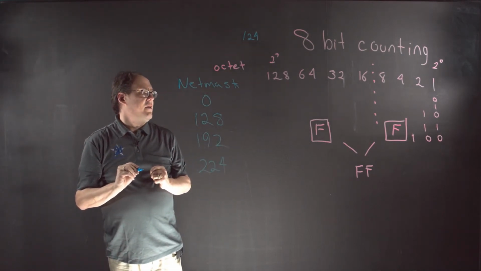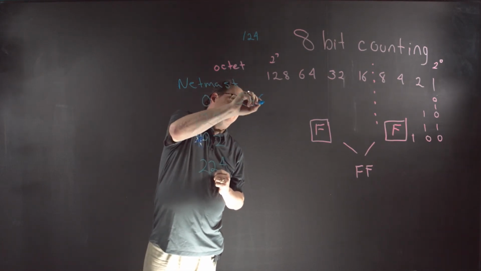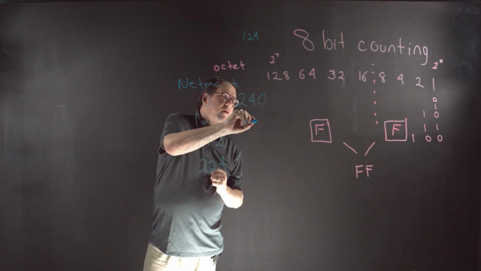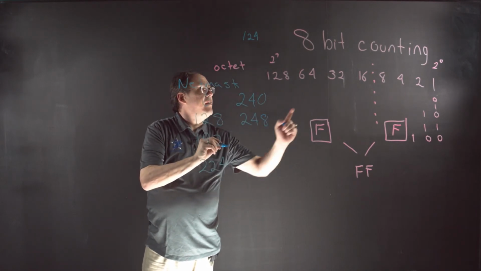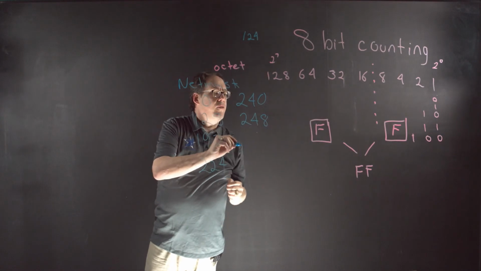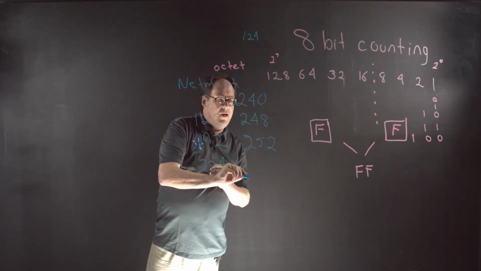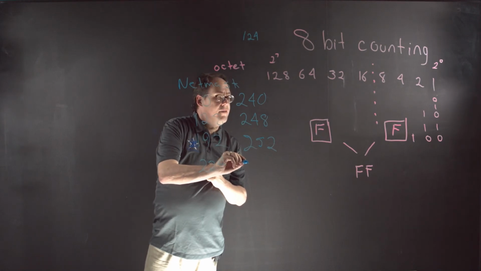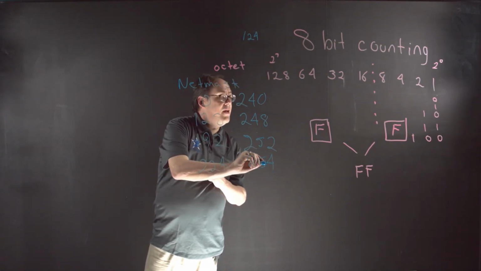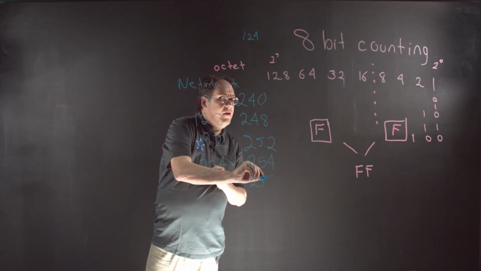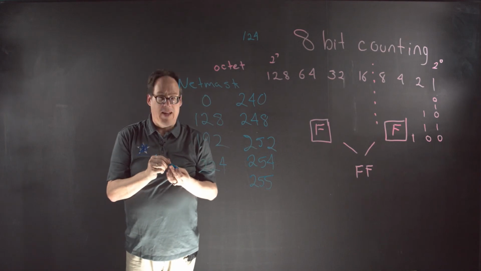Then we can continue adding 240, 248. We added the 8. Now I'm going to add the 4. That's 252. And then I'm going to add the 2, 254. And then I'm going to add the 1, 255. So these are all the possible values that could be in the net mask.